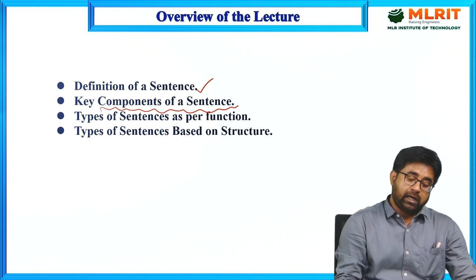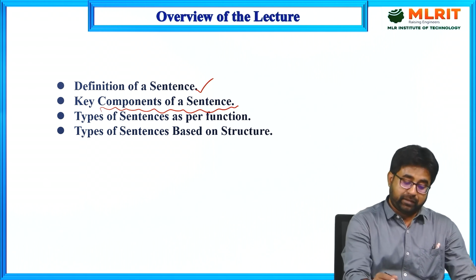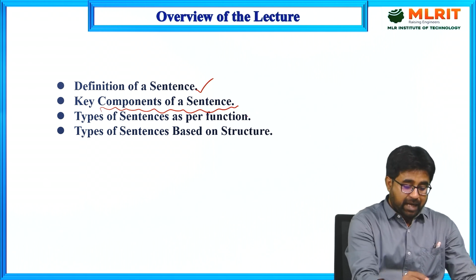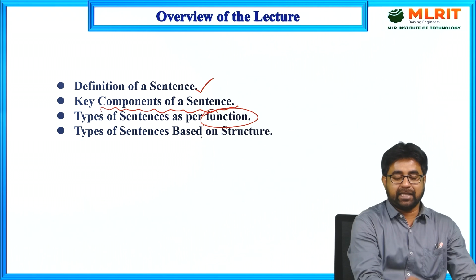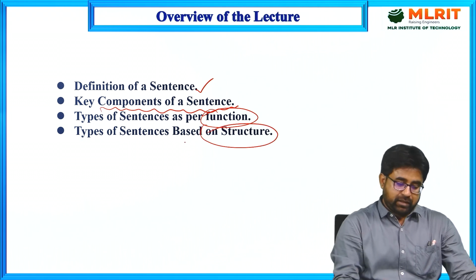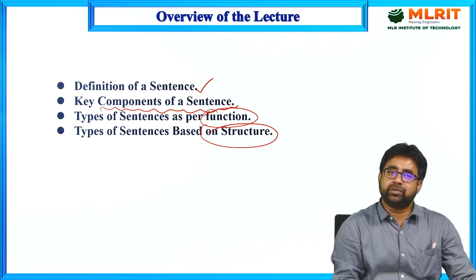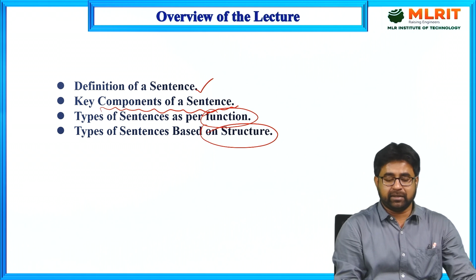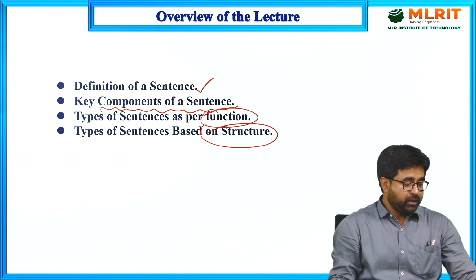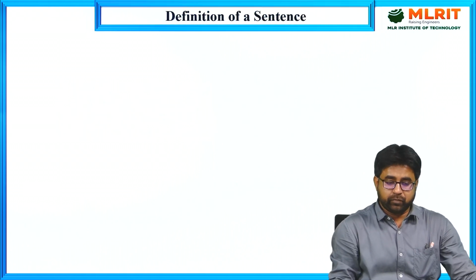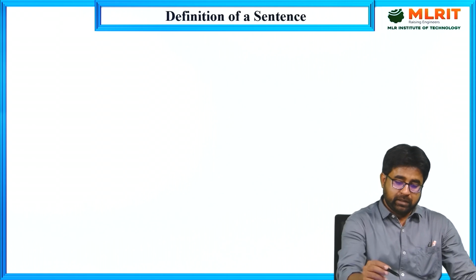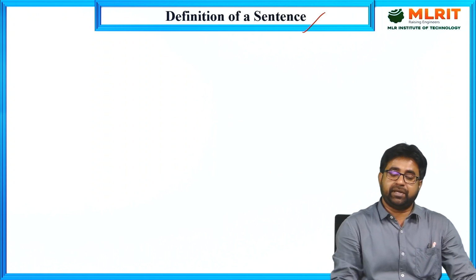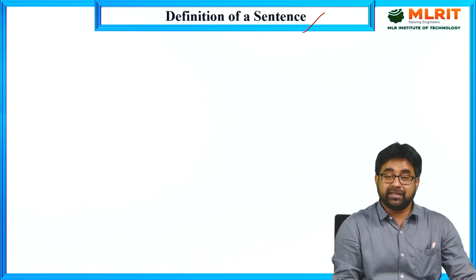And then we will also talk about different types of sentences, as per their function as well as their structure, and also see the usage of different kinds of sentences. So let's move to the next main part of the presentation, that is the definition of a sentence, which is the first segment of today's lecture.